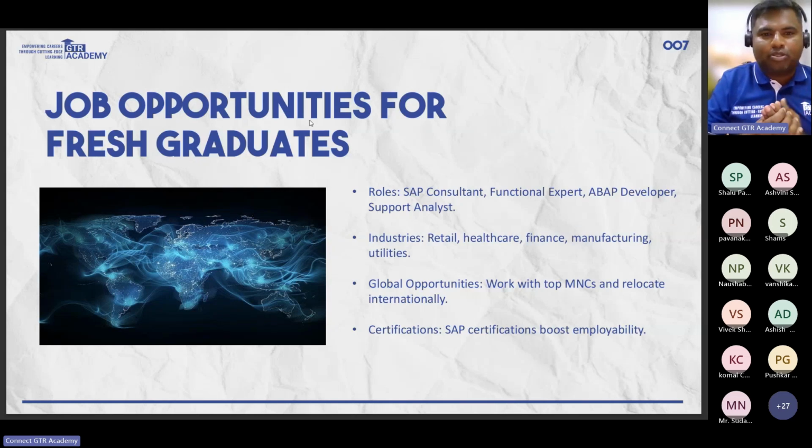And there are global opportunities, not only limited to here. You can travel abroad for your job, which is a very interesting point, so you can understand different cultures or work in different locations as well. If you have SAP certifications, it will boost your employability and bring a lot of value to your profile.